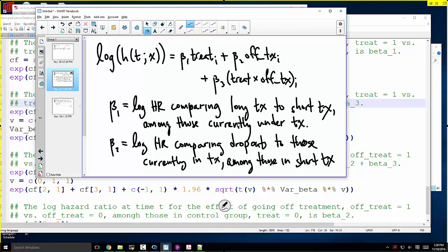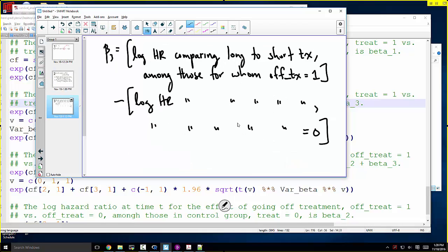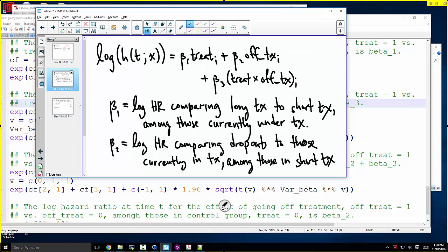So beta 1 plus beta 2 is the log hazard ratio, not beta, yeah, it should be beta 2.